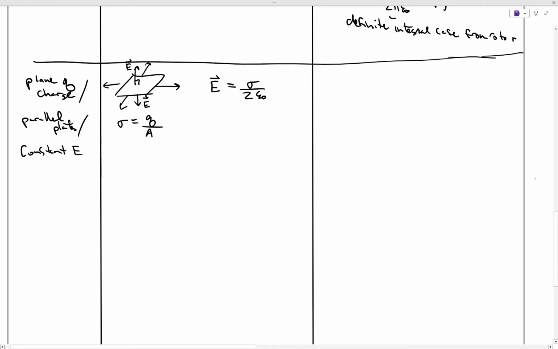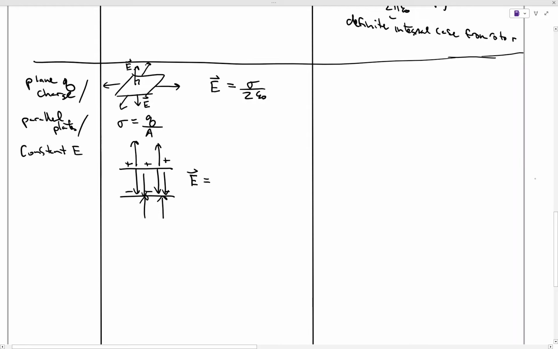And so related to this, if you have two plates, now just looking at it on edge, and if one of these is positive and one of these is negative, you would have field lines that would be pointing away from the positive plate towards the negative plate. And what would happen is that the fields outside of the plates would cancel, but the fields inside would add.